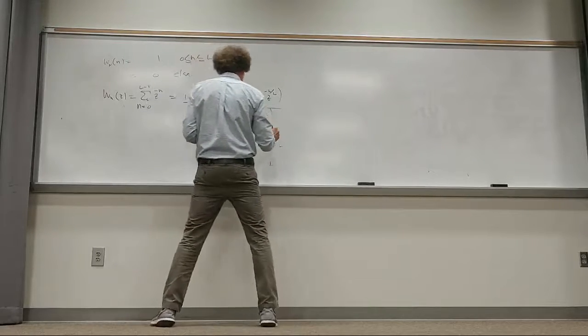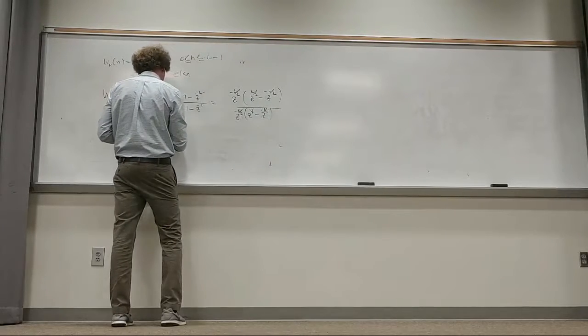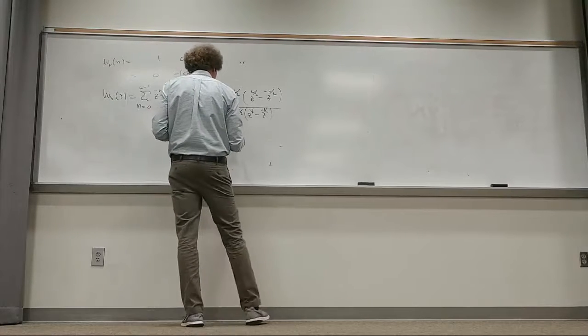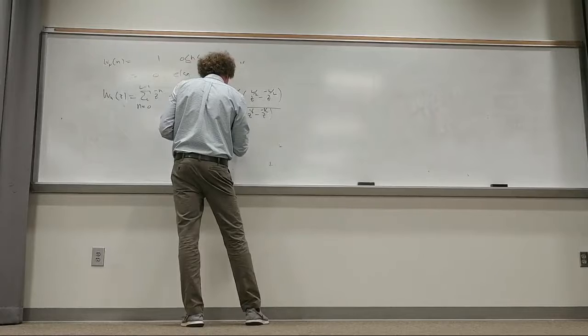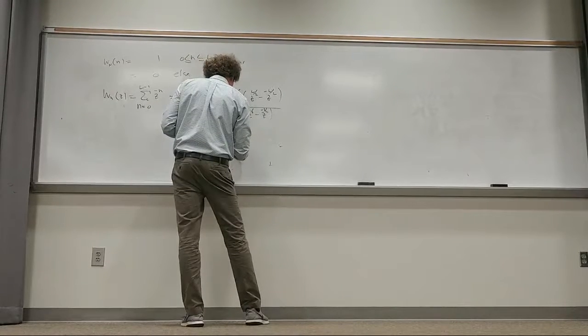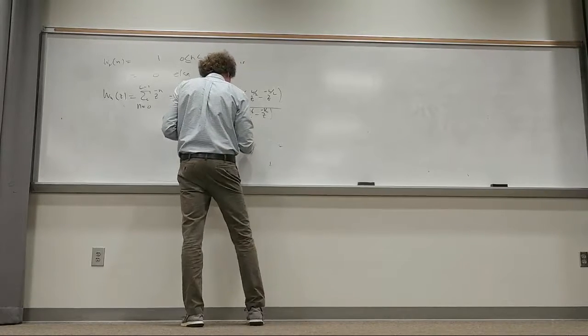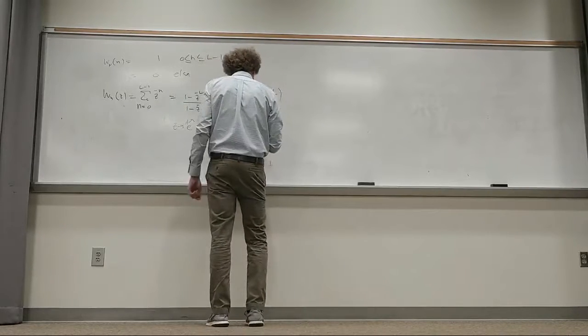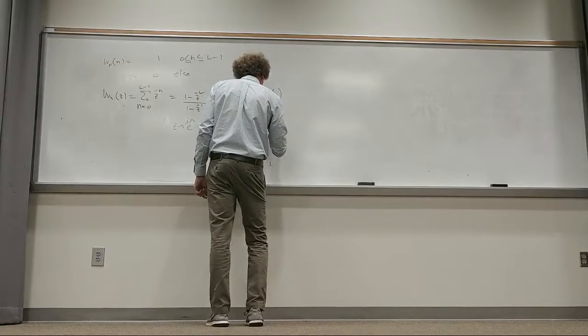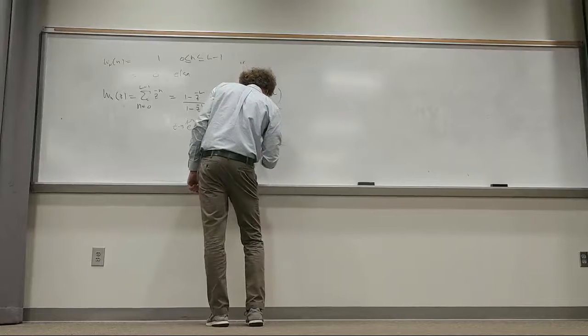And then I simply replace Z here by e to the j omega, and in doing that, I get e to the minus j omega L over 2 divided by e to the minus j omega over 2 here, and then it's going to be times the sine of omega L over 2 divided by the sine of omega over 2.